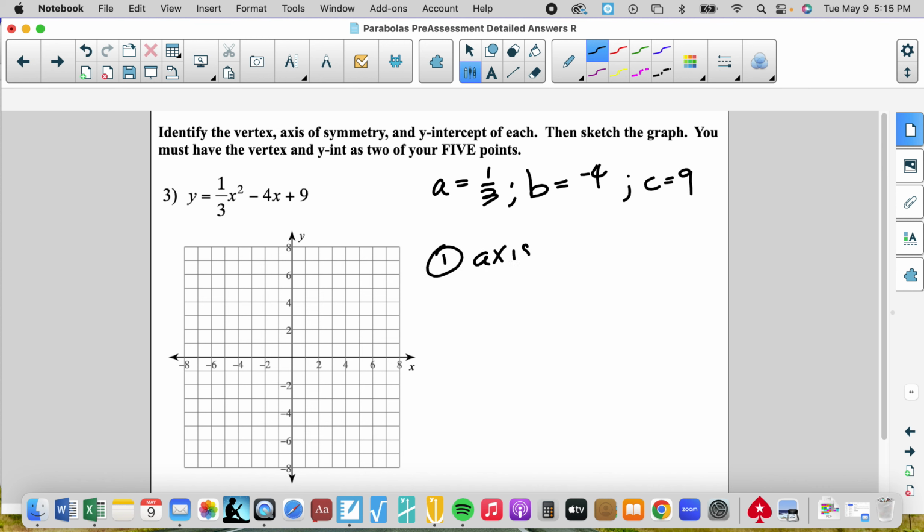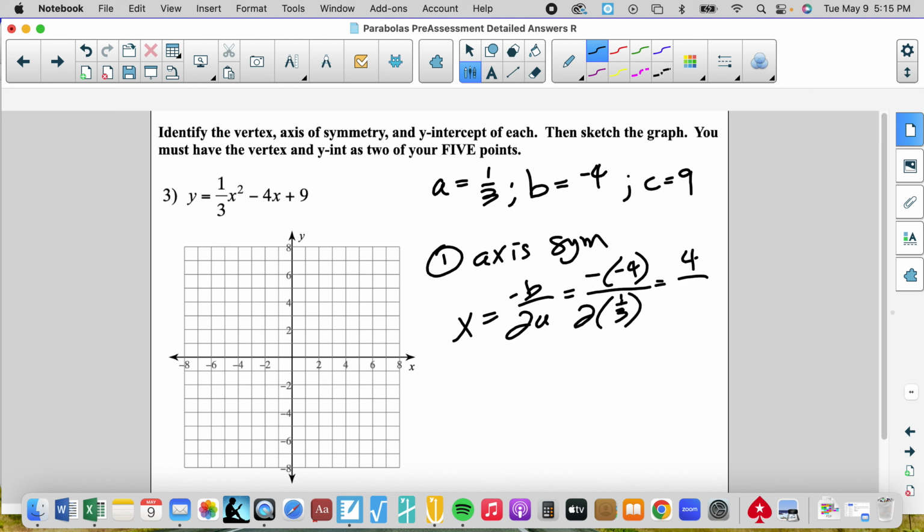Axis of symmetry is the opposite of b over 2a. Opposite of b over 2 times a, 1/3. So the opposite of negative 4 is positive 4. And 2 times 1/3 is 2/3.